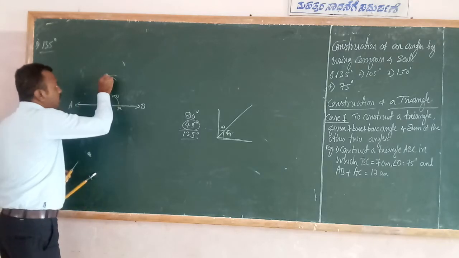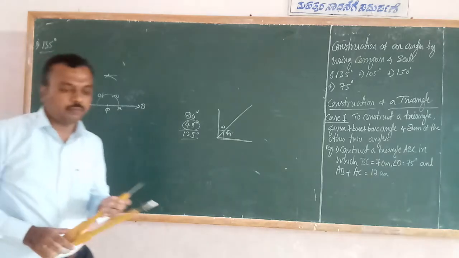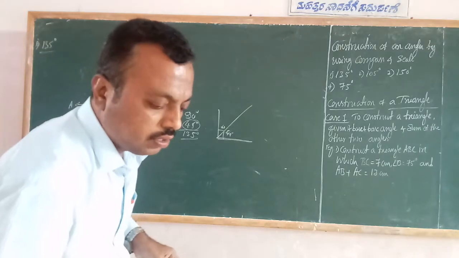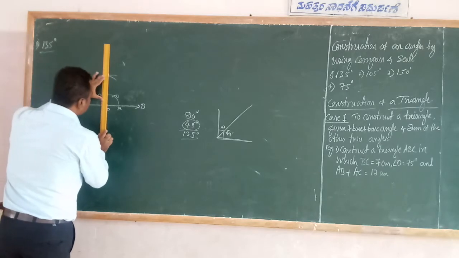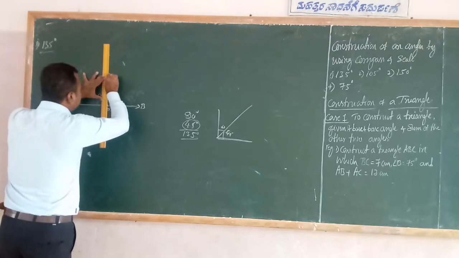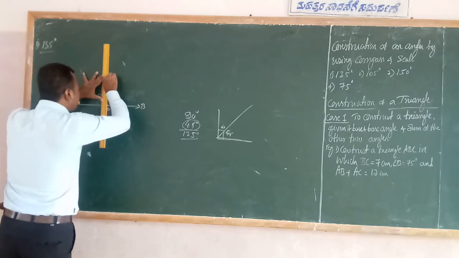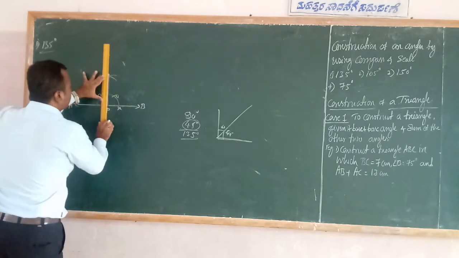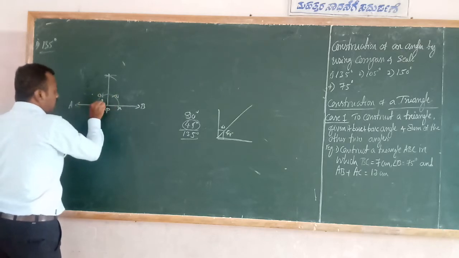Now this point we have to join to the point P. Take a scale and join the point P. Now it is 90 degree, and this is also 90 degree, correct?